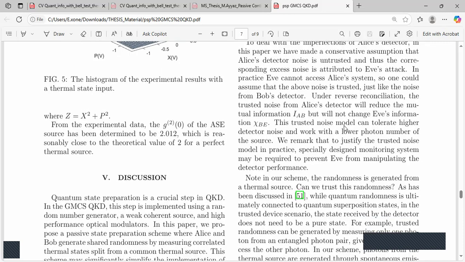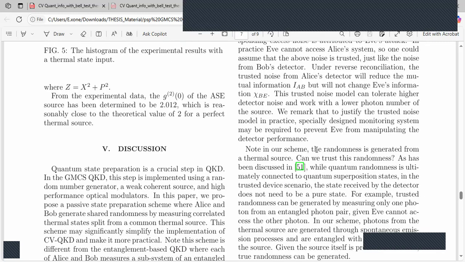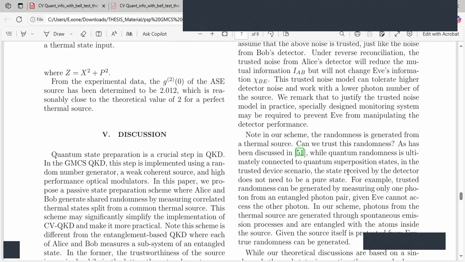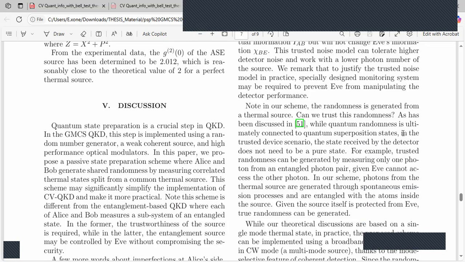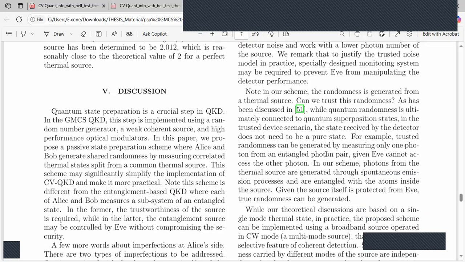And another question he has mentioned is that the randomness is generated from a thermal source, so can we trust it? As has been discussed, while quantum randomness is ultimately connected to quantum superposition states, in the trusted device scenario the state received by the detectors does not need to be a pure state.